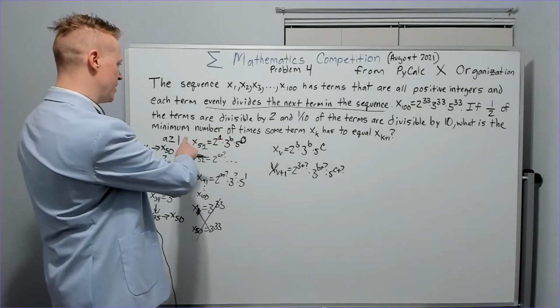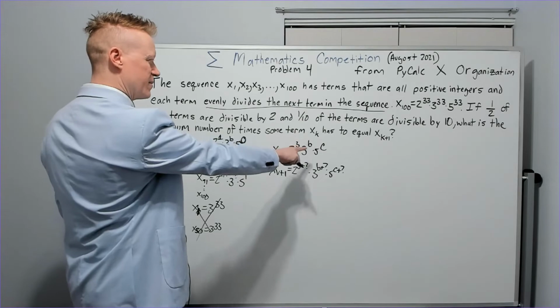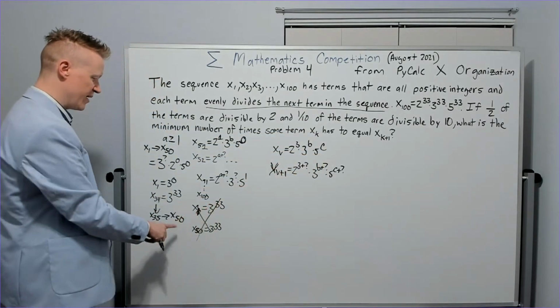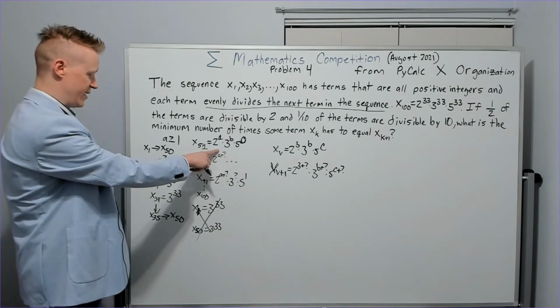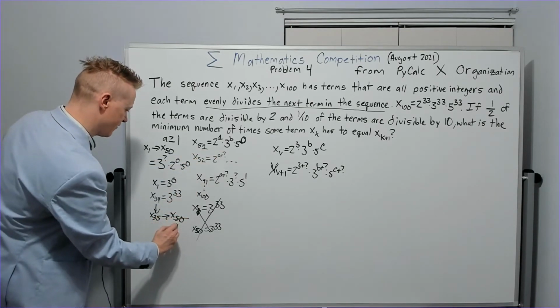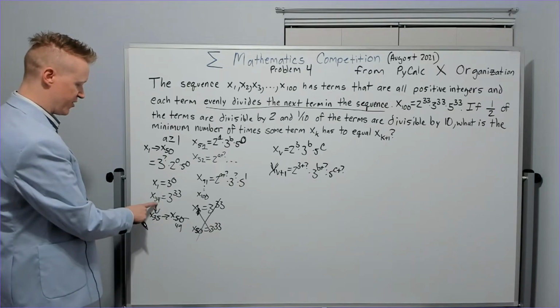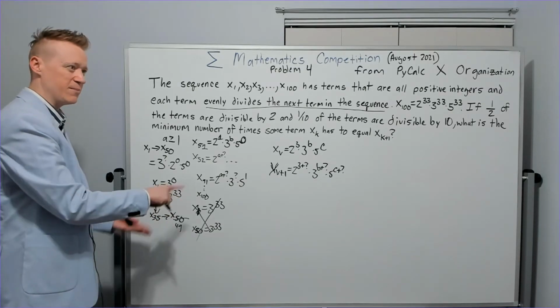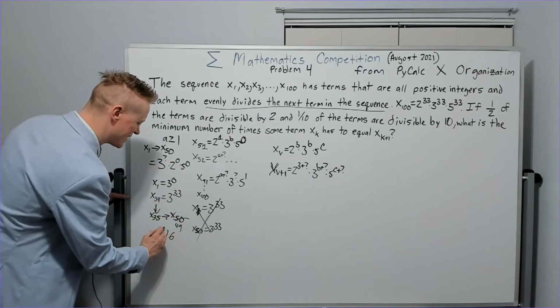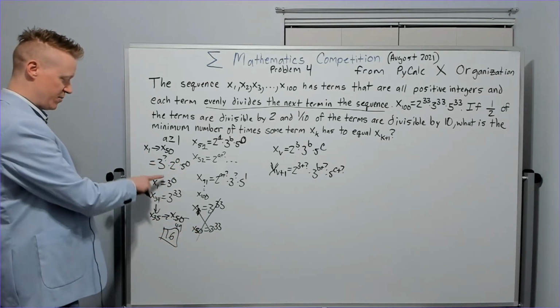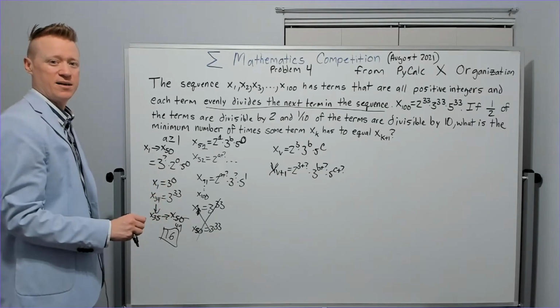What is the minimum number of times some term x sub k has to equal the next term? x sub 50 would not be included because it's not going to equal x sub 51. So we would stop at 49, and then it would be 34 to 49. Well, b minus a plus 1: 49 minus 34 is 15, plus 1. There will be 16 terms minimum between 1 and 50 that have the same powers of 3.